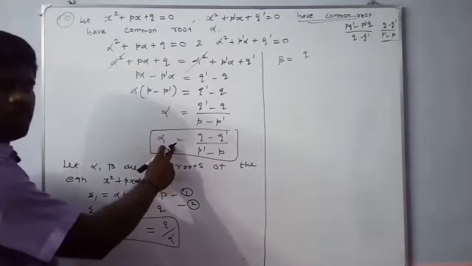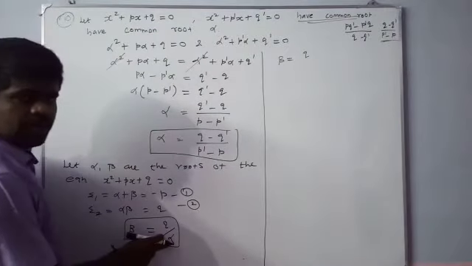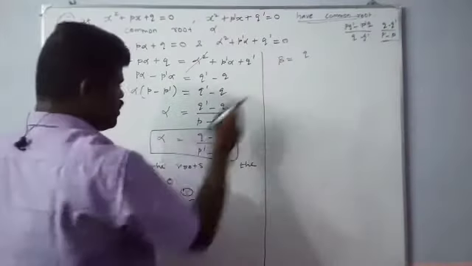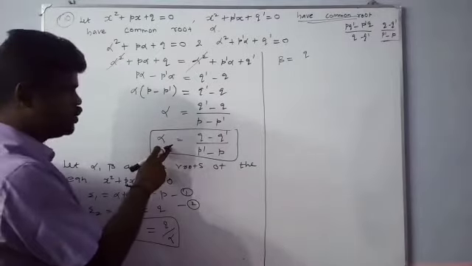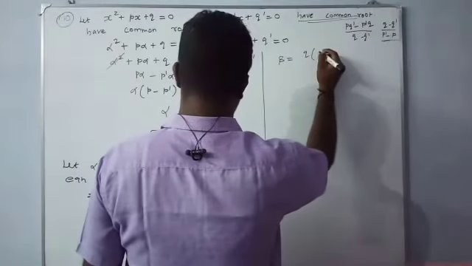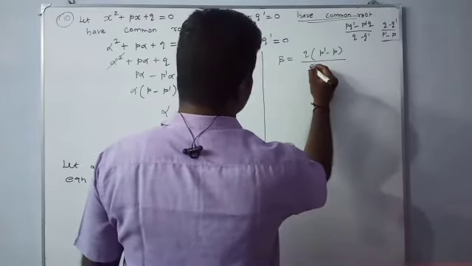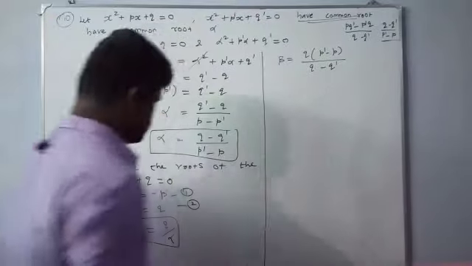What is the value of alpha? Write the alpha value. Alpha is in the denominator, so that's why we write the alpha value as a reciprocal. So q into (p dash minus p) divided by (q minus q dash).